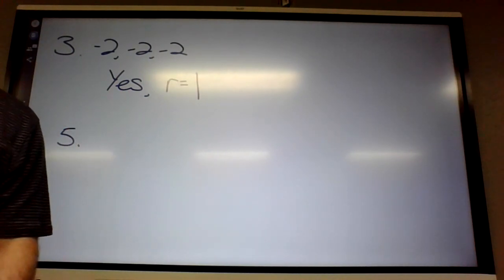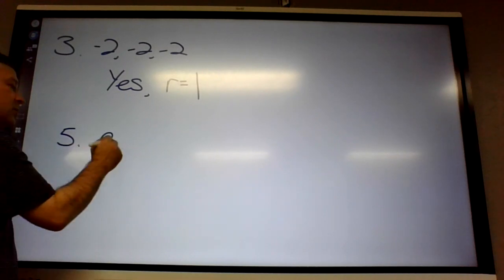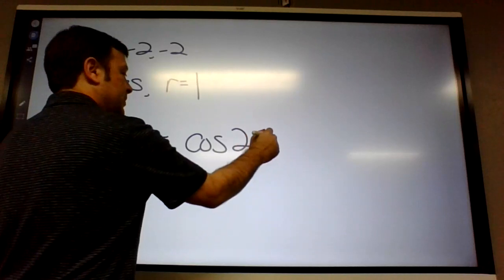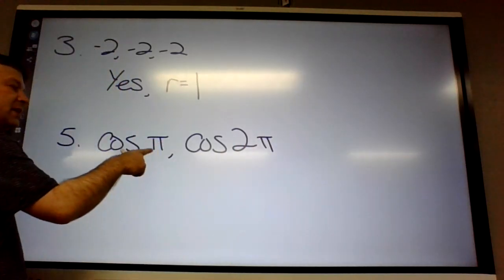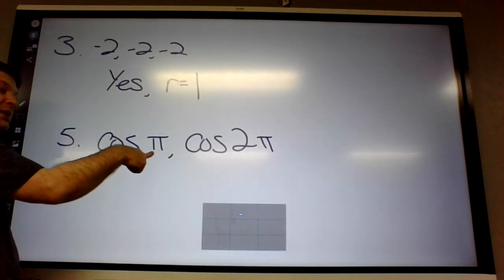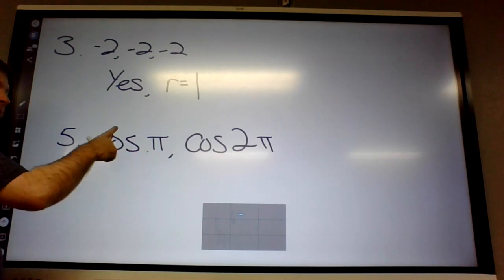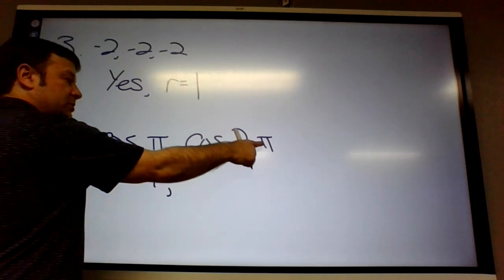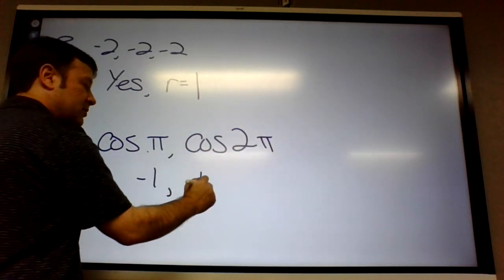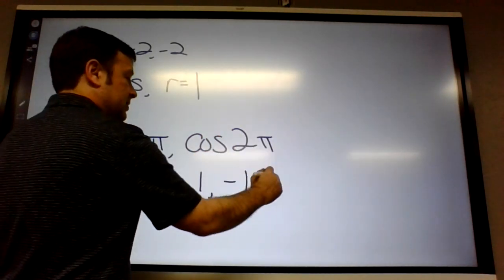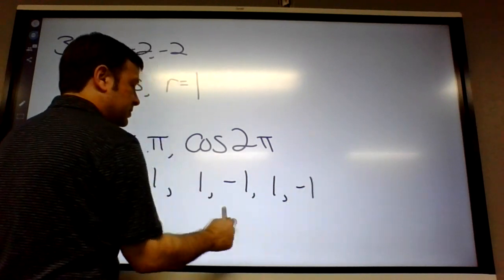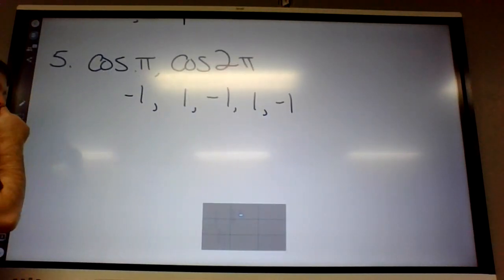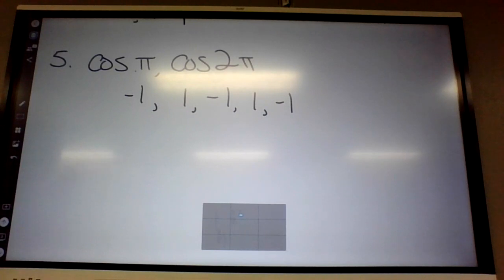Number 5, cosine of pi. If you wanted to plug this in your calculator, you might remember from the last chapter, you either need to change your calculator to radians, or you would need to change pi into 180. So cosine of 180 is -1. Cosine of 2 times 180, 360, is +1. So what you get is 1, -1, 1, -1, whatever.